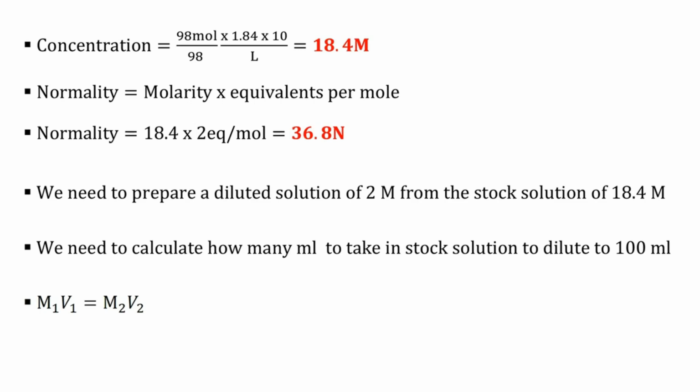In the question, they told us that you have only 100 milliliter, which means V2 will be 100 milliliter. Then from this we can calculate V1, the milliliters of the stock solution that we need to dilute to get the 2 molar solution that we want to prepare.